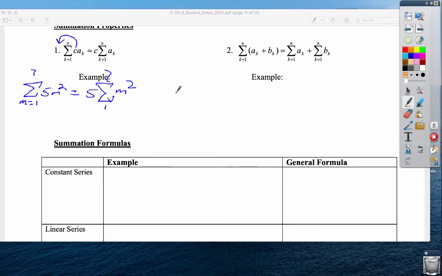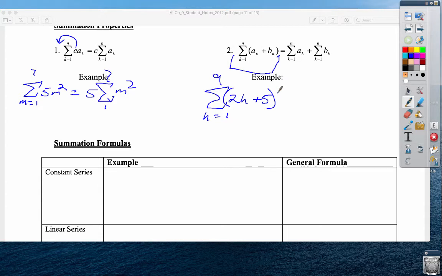Okay, so then maybe we want to do something like the next one. If I'm going to take the summation of a sum, we can split it up and do this one and then do this one and then add their results together. So an example of that might be, I'm going to go from h equals 1 to h equals 9, and I'm going to do 2h plus 5.